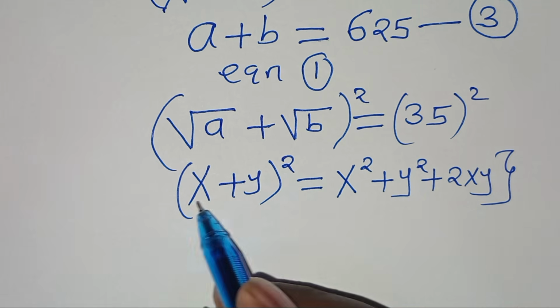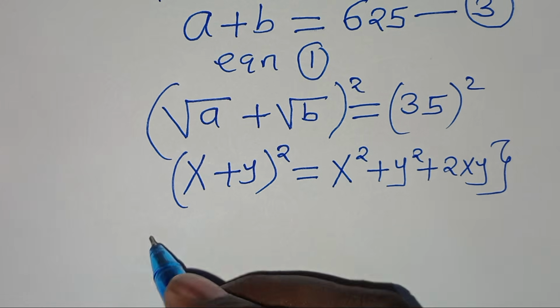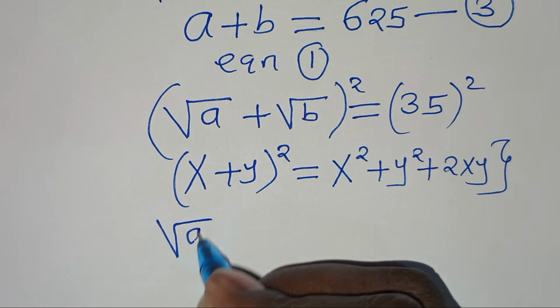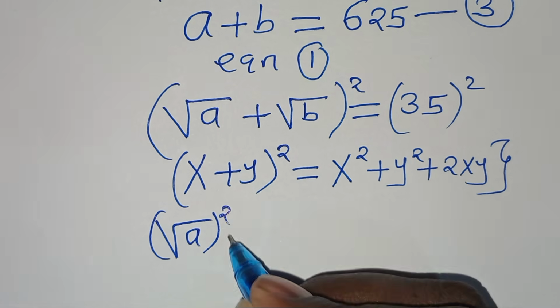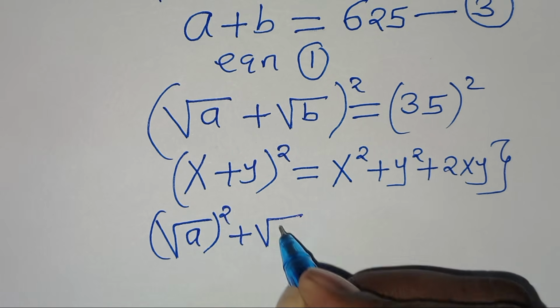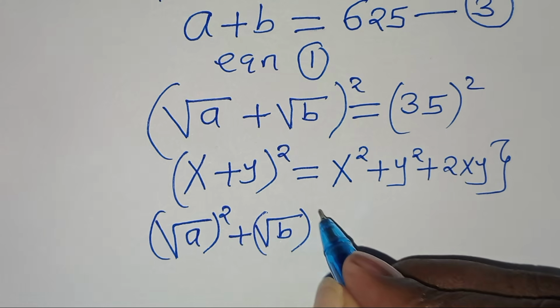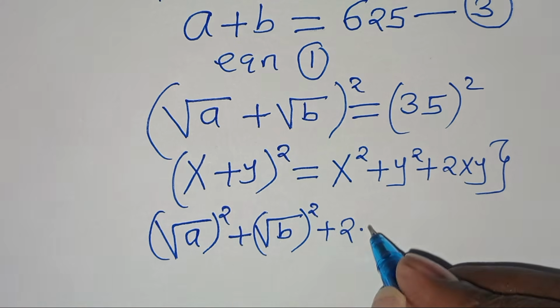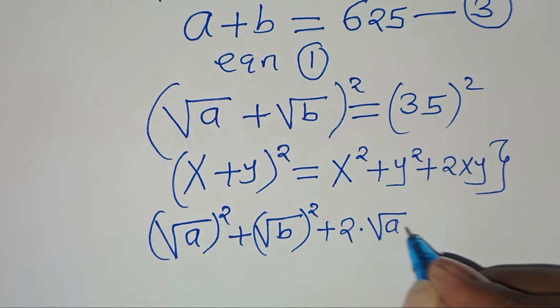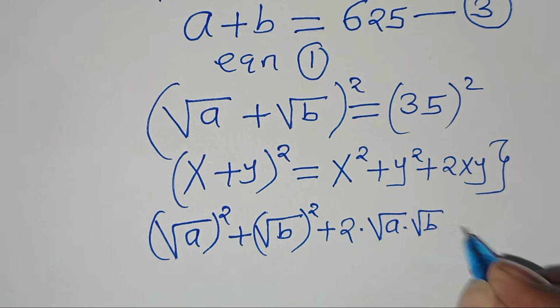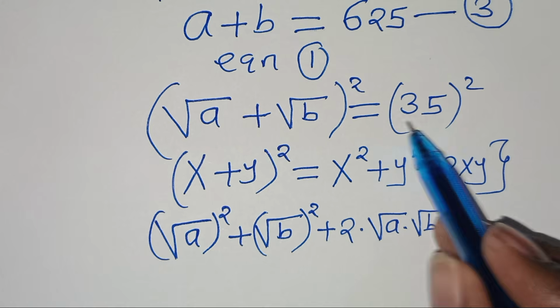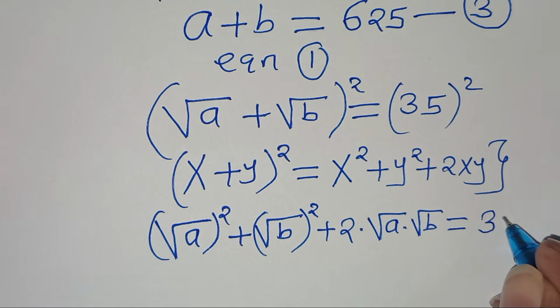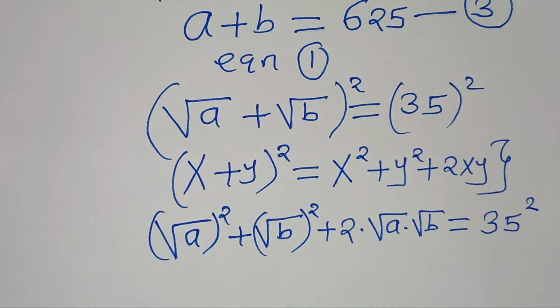Applying this algebraic identity, we have the square root of a raised to the power of 2 plus the square root of b raised to the power of 2, then plus 2 multiplying by the square root of a multiplying by the square root of b. This is equal to 35 raised to the power of 2.